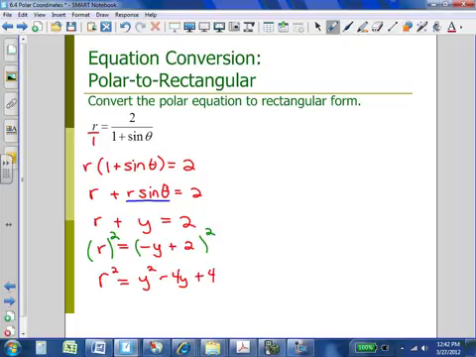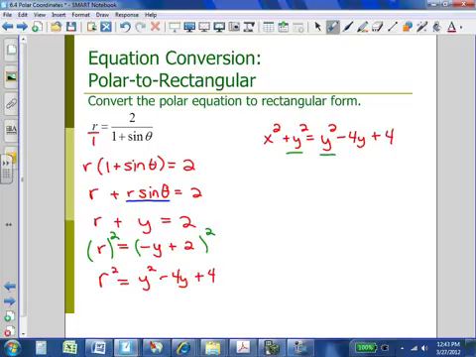So now I've got that r squared that I can replace on the left-hand side. r squared is x squared plus y squared. Write out the rest. And I see I've got a y squared on both sides, so those are going to cancel each other out.